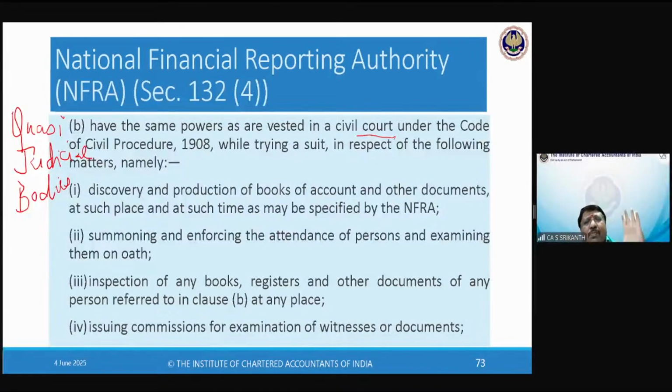What is one of the important principles of natural justice? Try to remember it, because as a future practicing CA or even in service, if you're handling indirect tax matters, GST, customs, whatever, remember, when you're appearing before an assistant commissioner or superintendent or valuer of the customs or whatever, he is a quasi-judicial authority.